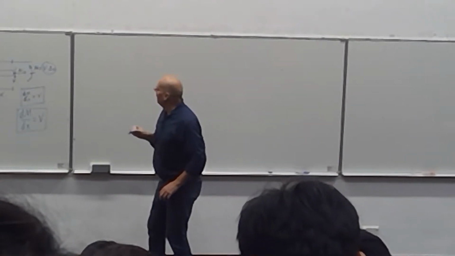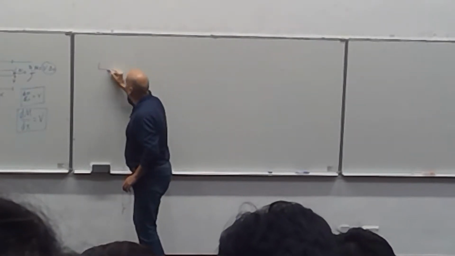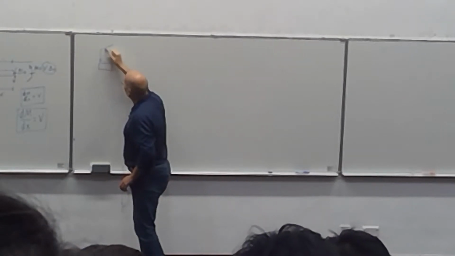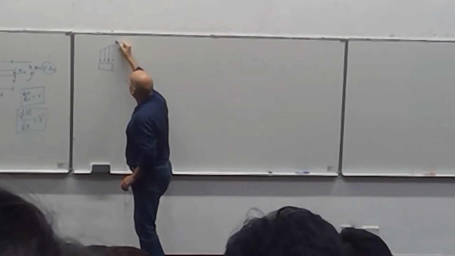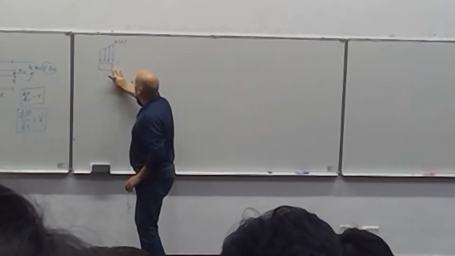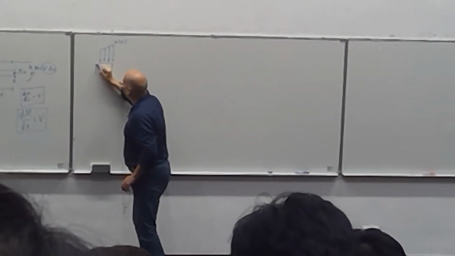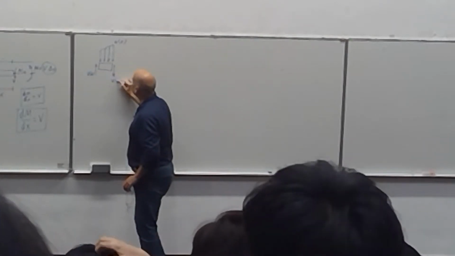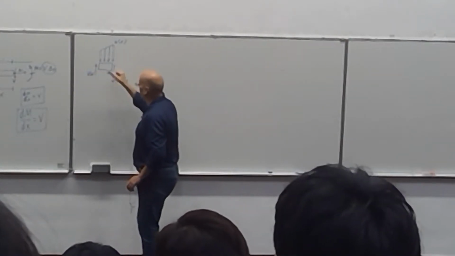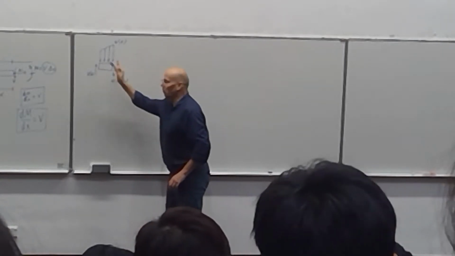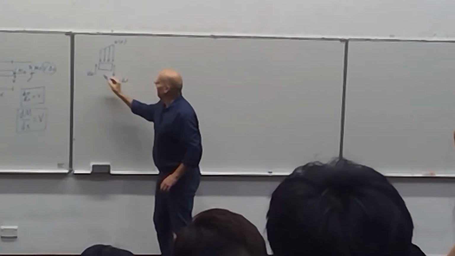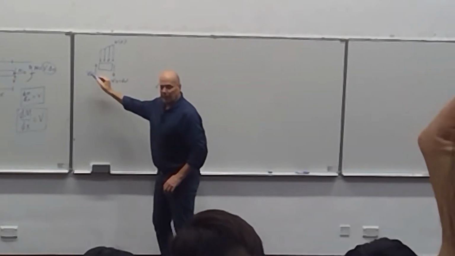This is true even if I have a small segment with some distributed load, let's say w of x. If I have a shear V of x here, and here a shear V of x plus dx, both are positive, positive on the right face, positive on the left face. First of all, we know that these are not equal in this case, a little bit different.